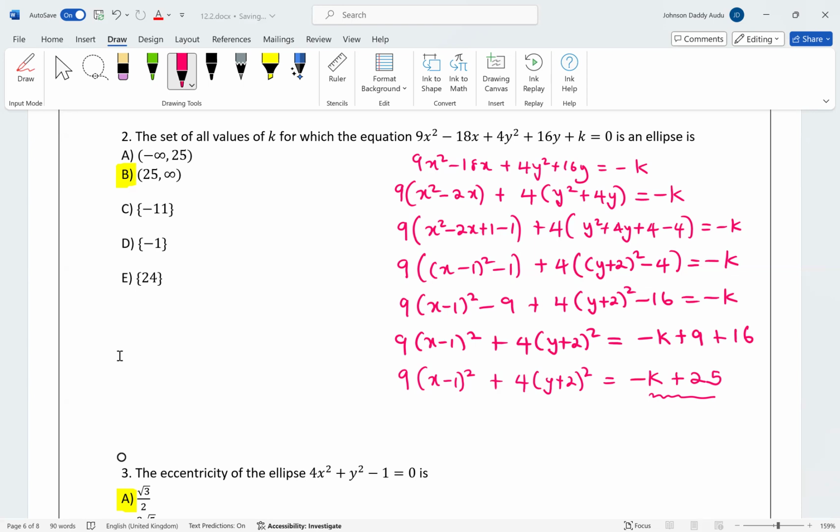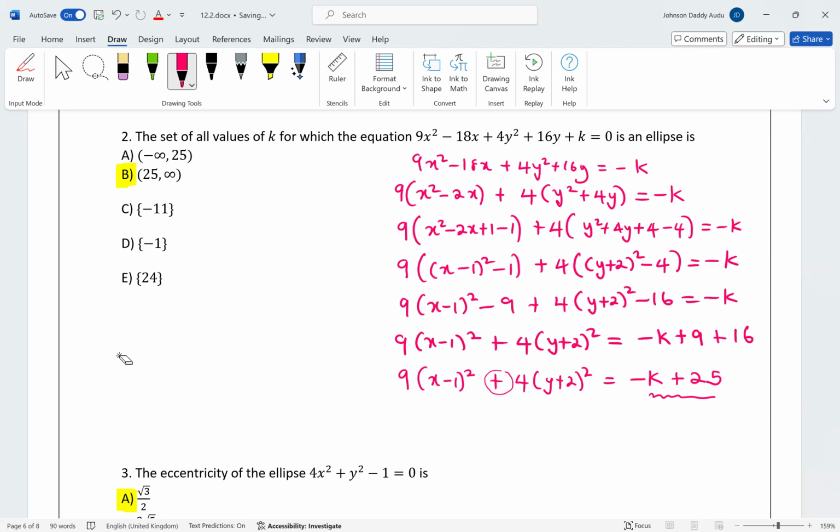So if this number is greater than 0, then it's fine. Then whatever it is, we can divide by that number and we'll have 1 on the right-hand side. But if it is less than 0, then it's not going to work, because it means you have to multiply both sides by minus, so the side will change to minus.